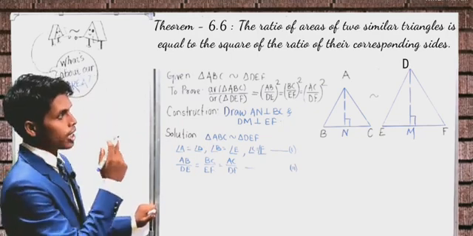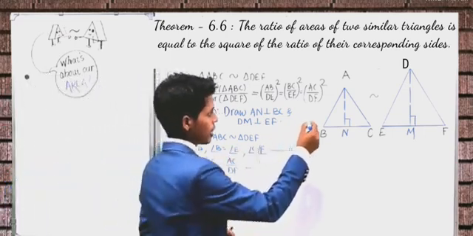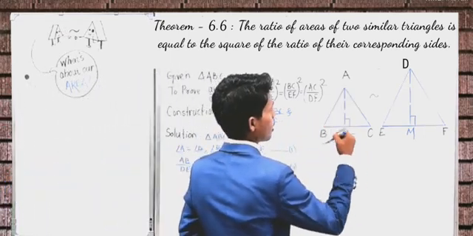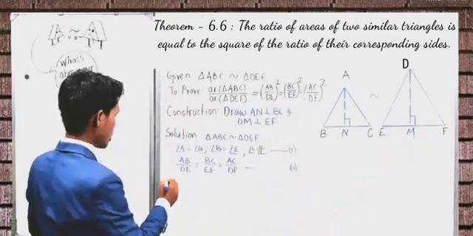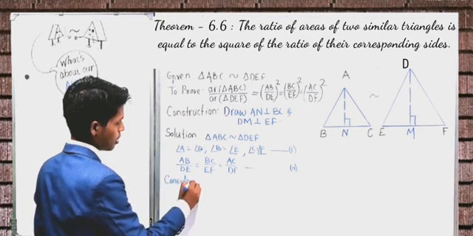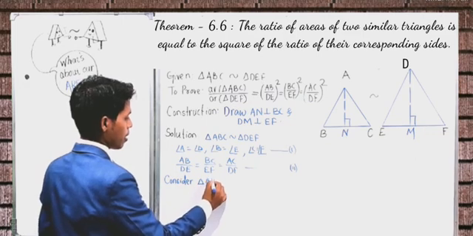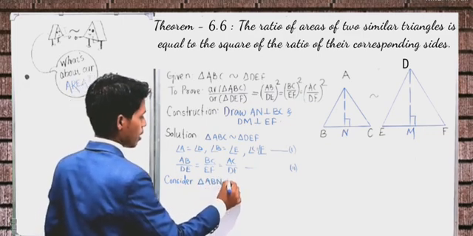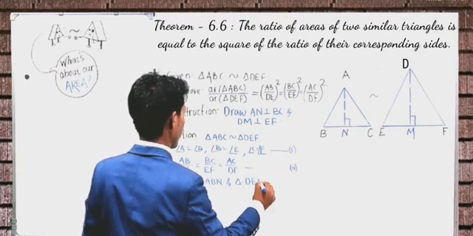Now consider triangle ABN, you can see here, and triangle DEM. Let us write this: consider triangle ABN and triangle DEM.